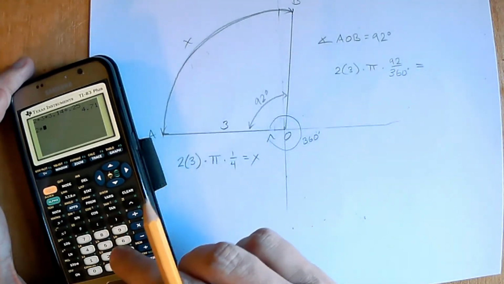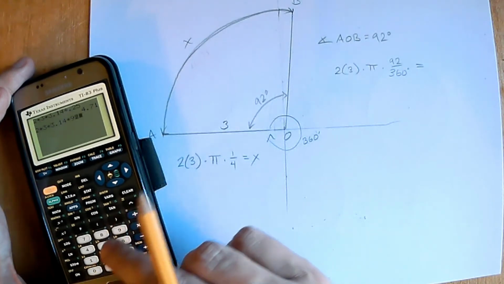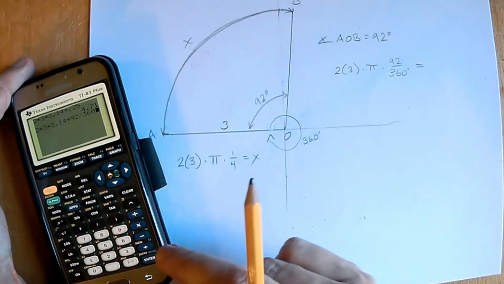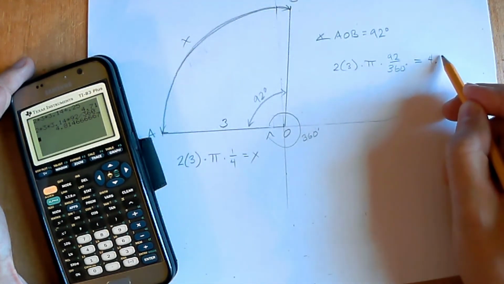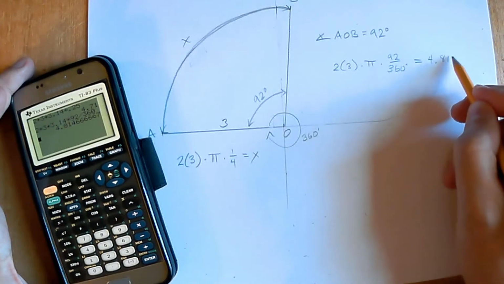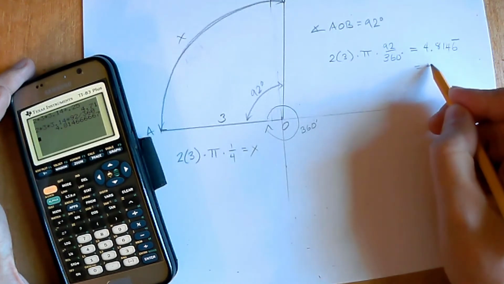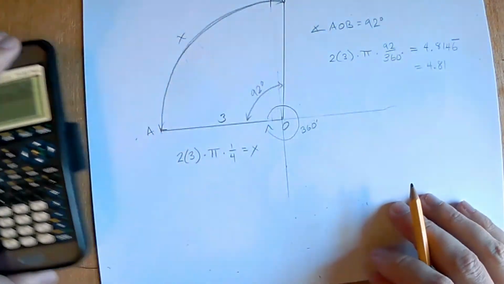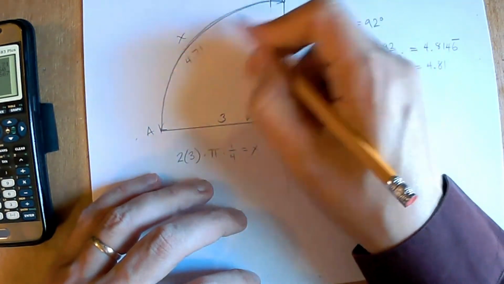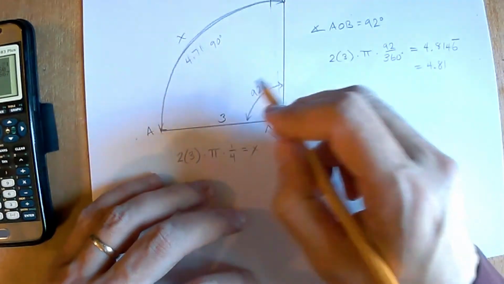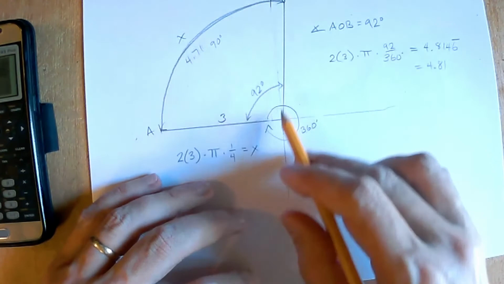We'll go 2 times 3 times 3.14 times 92 divided by 360, and that gives you 4.8146 repeating. So we'll just call it 4.81. So you recall here, this is 4.71 for our 90 degree, and then 4.81 for arc A to B, if that's 92 degrees.